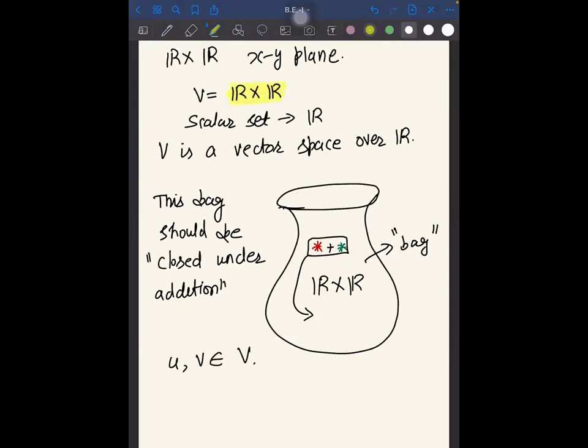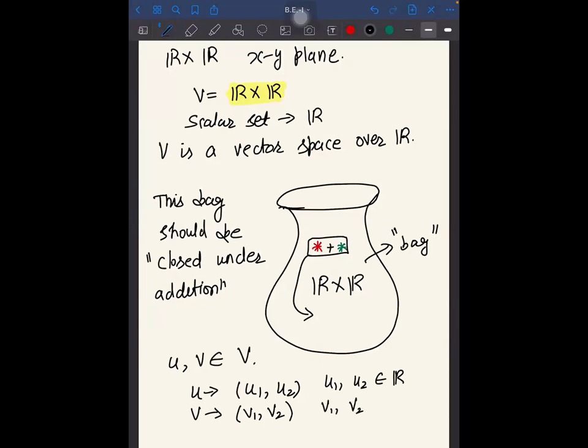Like X1, Y1, X2, Y2. So let's say U looks like U1, U2, and V looks like V1, V2, where U1, U2 are both real, and V1, V2 are both real.